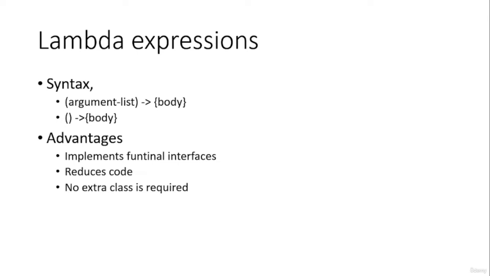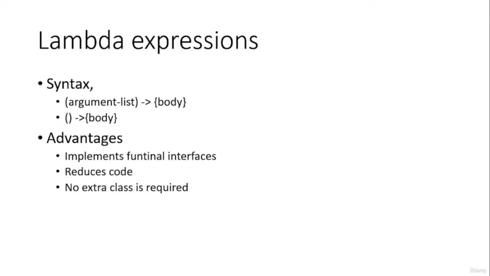We need to write just a few lines of code, whereas with an anonymous inner class or other classes, we have to write more code. The next thing to understand is that lambda expressions implement the functional interface automatically for us. That is a great feature to have.